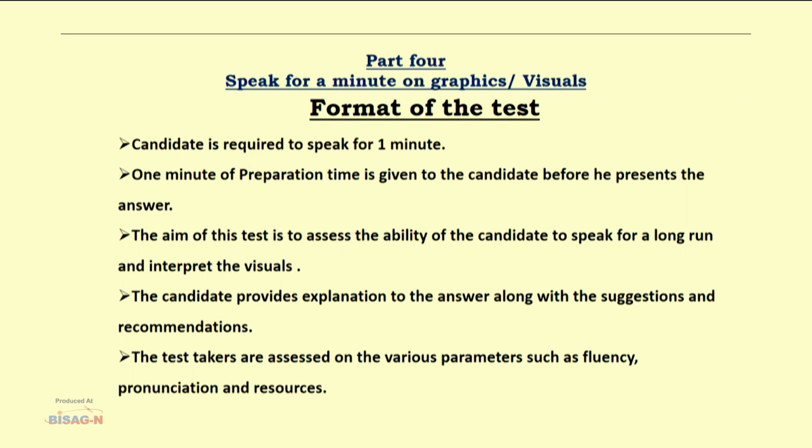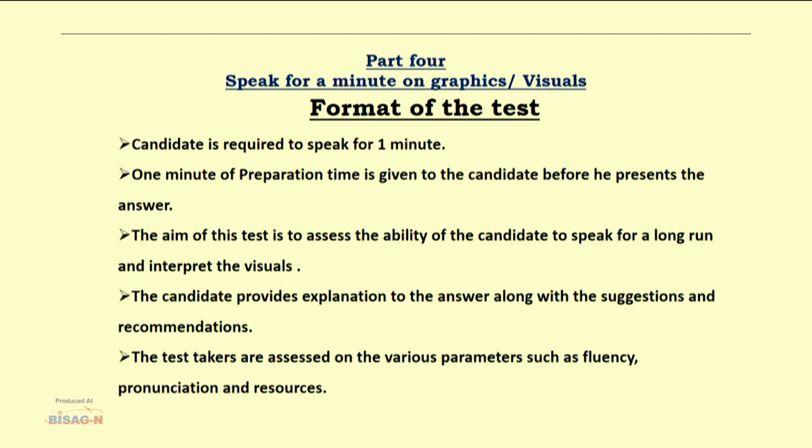So the test takers are assessed on different levels. Since it is a speaking test, they will be assessed on various things like fluency, pronunciation, or maybe the suggestions or the recommendations that you provide in this part.